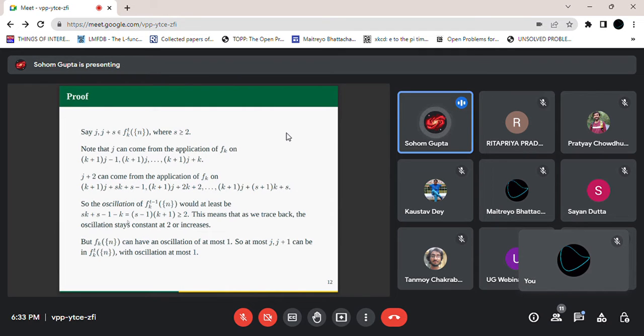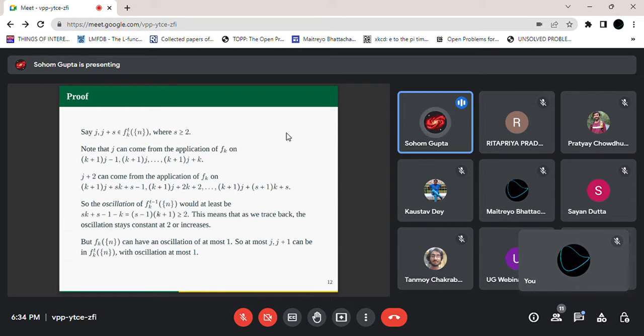And if you subtract these two, you get s minus 1 times k plus 1. So this is greater than or equal to 2. In fact, k is always greater than or equal to 1. We are not considering k equal to 0, because that would just make the entire binomial sequence trivially 0. So the smallest value that k can take is 1.